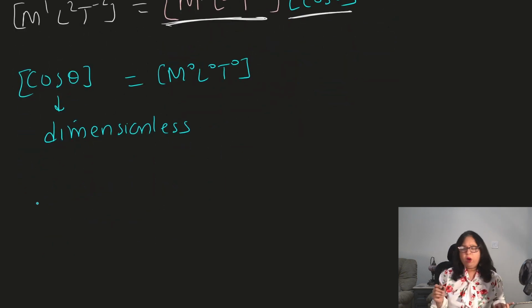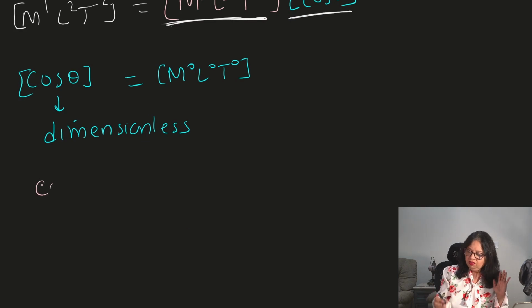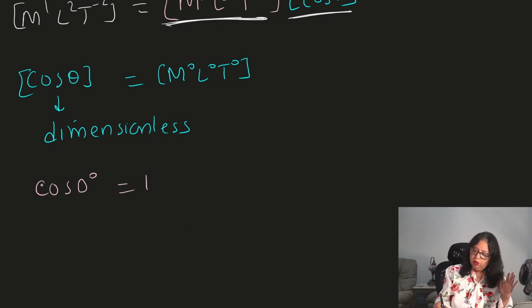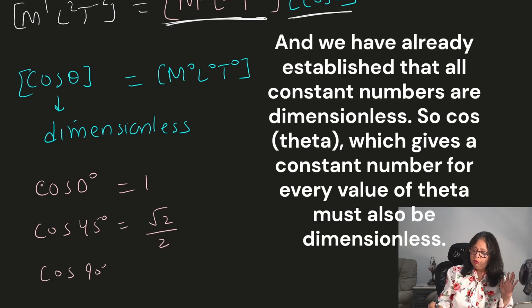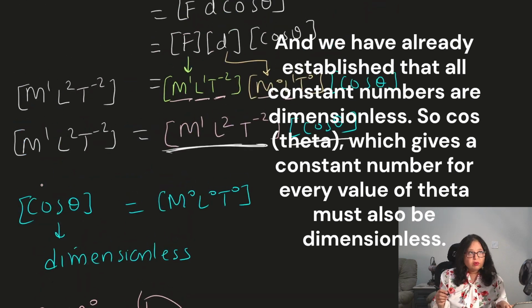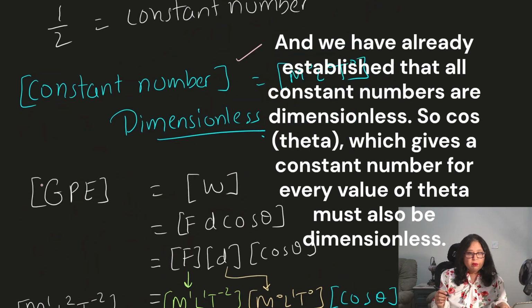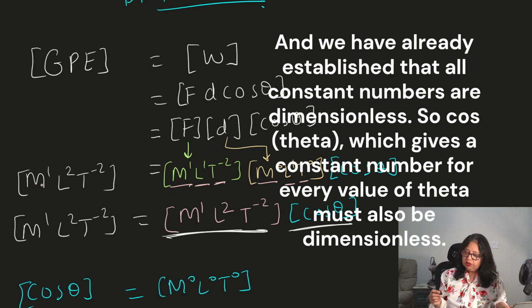Now why? Think about it. Cosine 0 degrees, 1. Cosine 45 degrees, square root 2 over 2. Cosine 90 degrees is 0. What are all these things? These are constant numbers, correct? And just here we said that the constant numbers are dimensionless.